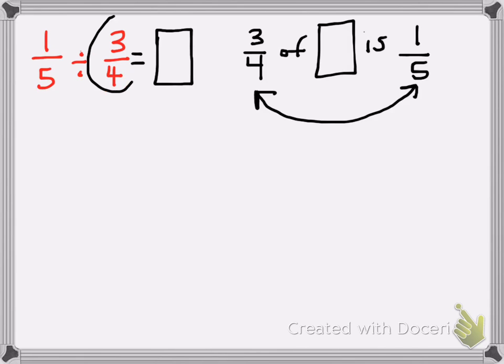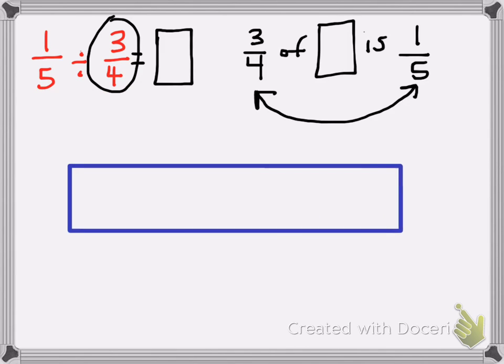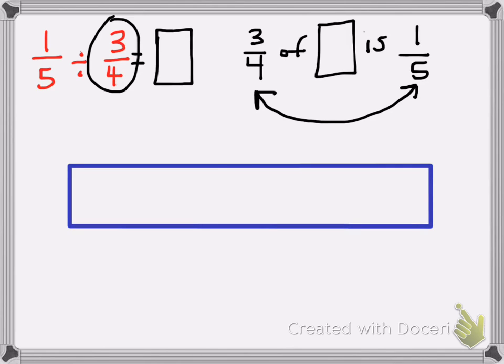So I'm going to model my second fraction, which is 3/4 this time. Make myself a box. And I'm going to split this into 4 equal pieces. I'm going to shade 3, so that's 3/4. That's my fraction. And then I remember that whatever this shaded region, 3/4, is equal to 1/5.